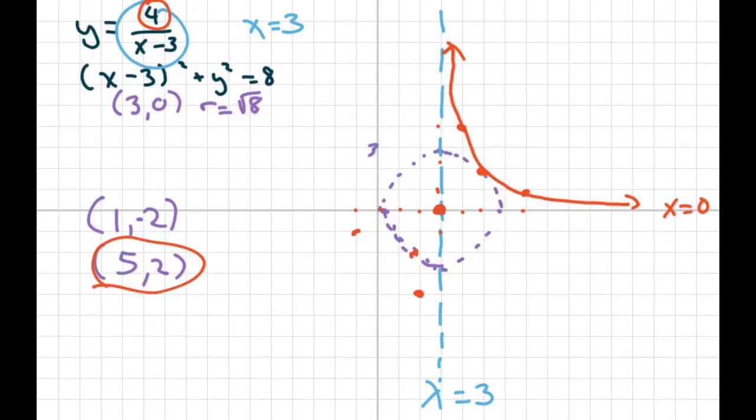It's right in here. That doesn't look good, so let me do this again. There you go. It's right here. So down 4, 1, 2, 3, 4 over 1. So right through here.